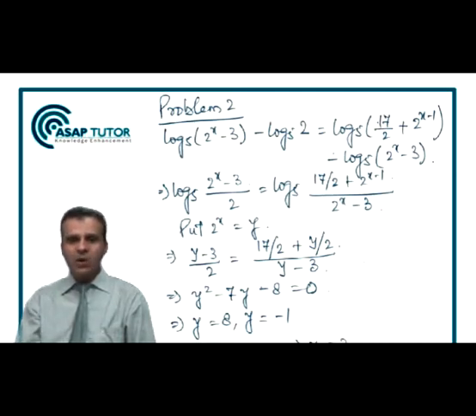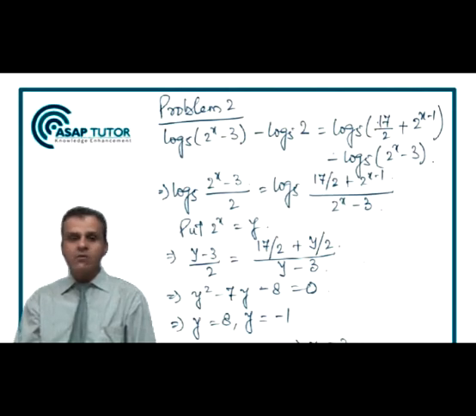Now whenever we have log a minus log b, whatever the base, it will always be equal to log of a by b. So therefore this becomes log base 5 of 2 raised to the power x minus 3 divided by 2, and this will be equal to log base 5 of 17 by 2 plus 2 raised to the power x minus 1 divided by 2 raised to x minus 3.